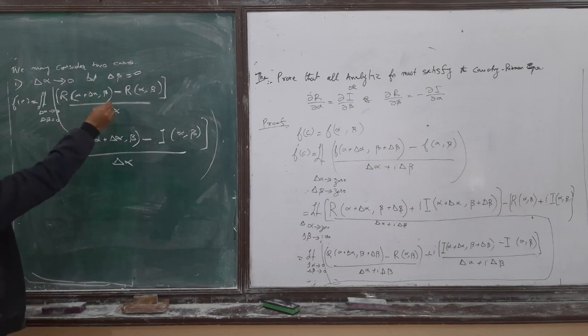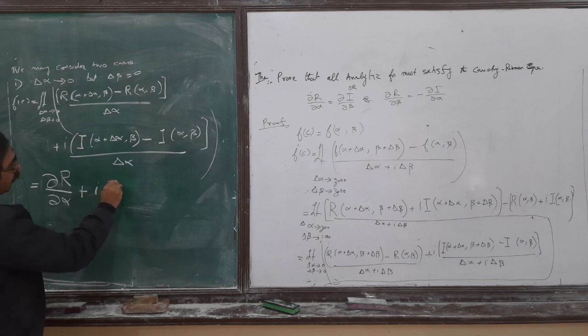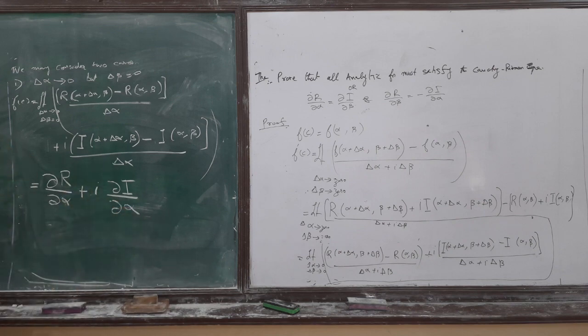Yes, this is a derivative, because beta is constant, beta is not changing with respect to this derivative, but the alpha derivative is with respect to alpha. So this is partial R over partial alpha plus iota partial I over partial alpha. Yes.